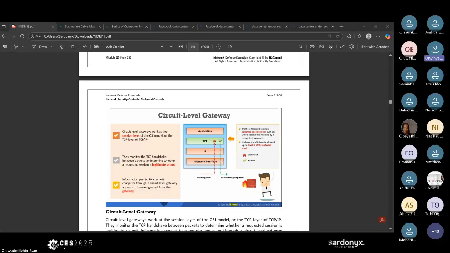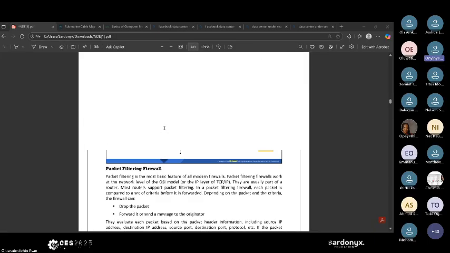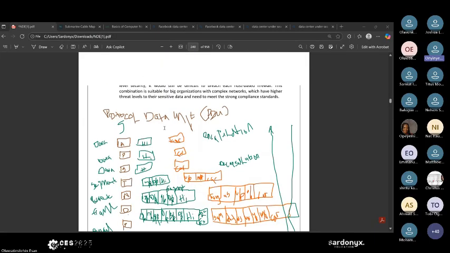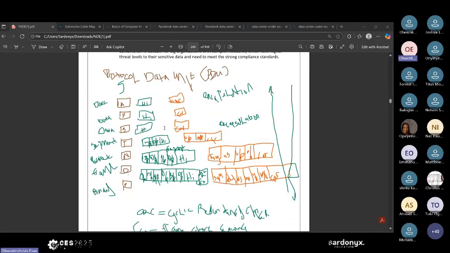I understood from the transport layer down to the physical layer, but from the application layer down to the session layer, I didn't really understand the explanation. I'm talking about this. Can you see my screen? Yes. Did you understand this? Not entirely. I was asking if there was any question, and I didn't see any hands raised.